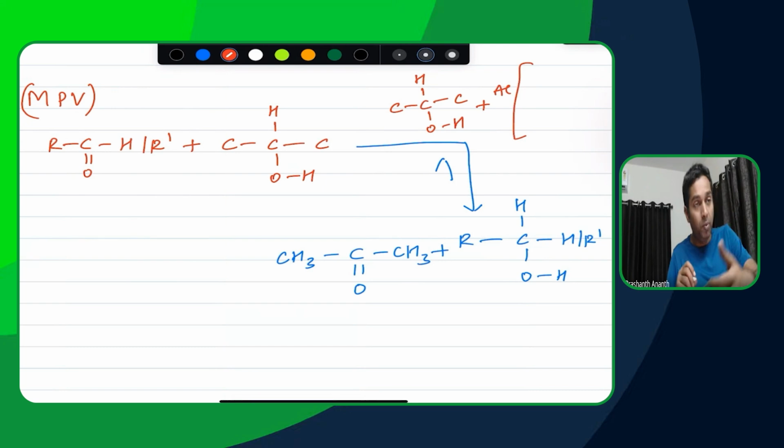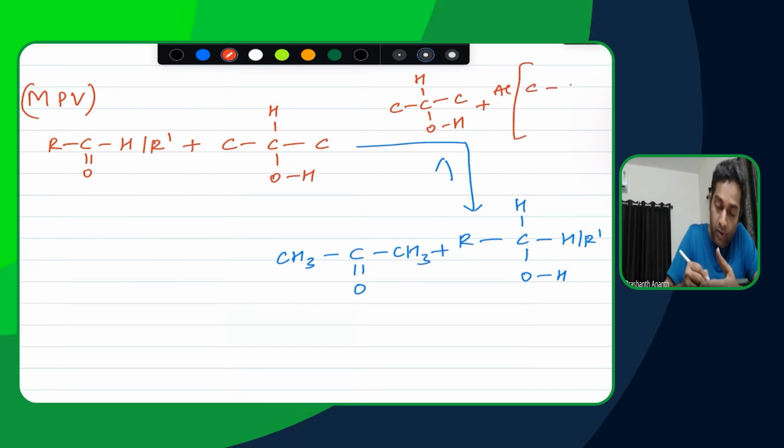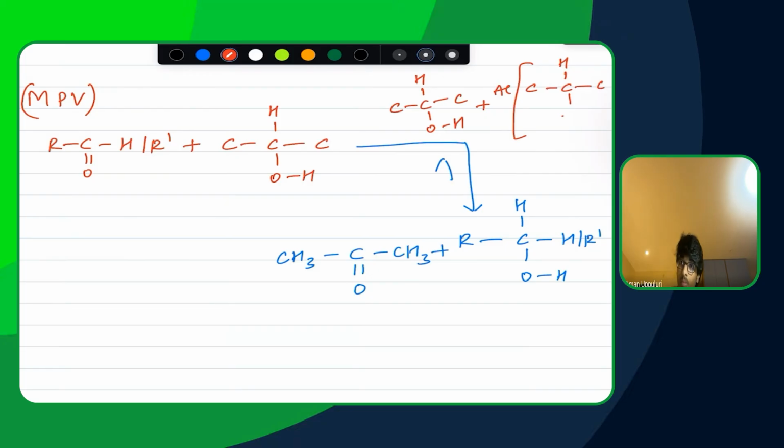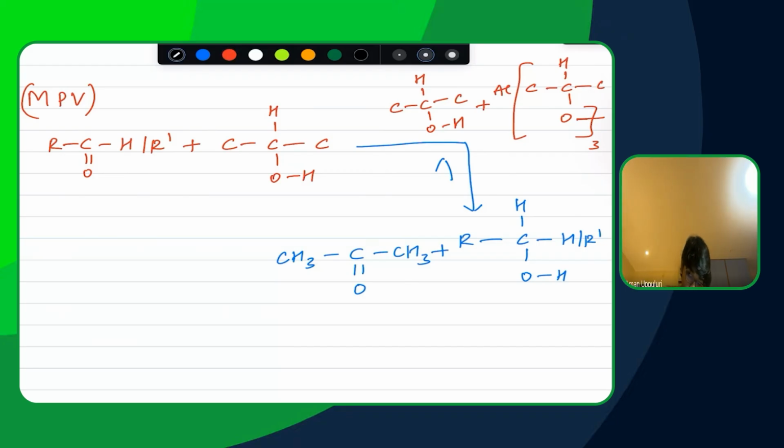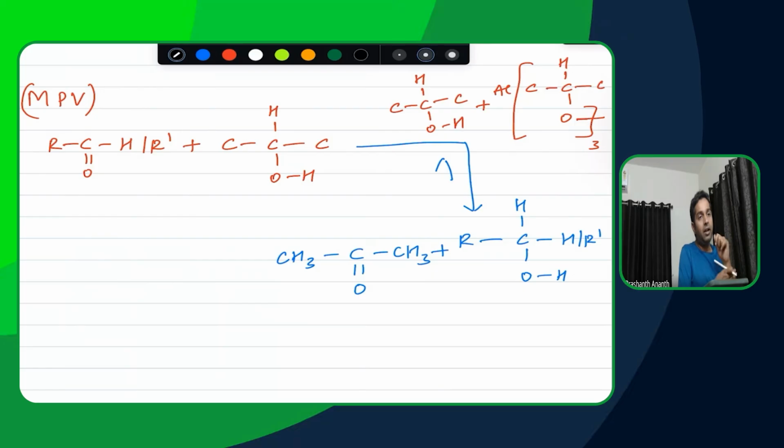Now, isopropoxide is going to look like this, O minus, thrice. Aluminum will be 3 plus, but technically let's not call it 3 plus. Let's just put it like this. Now, let's track every bit of hydrogen which is present here.